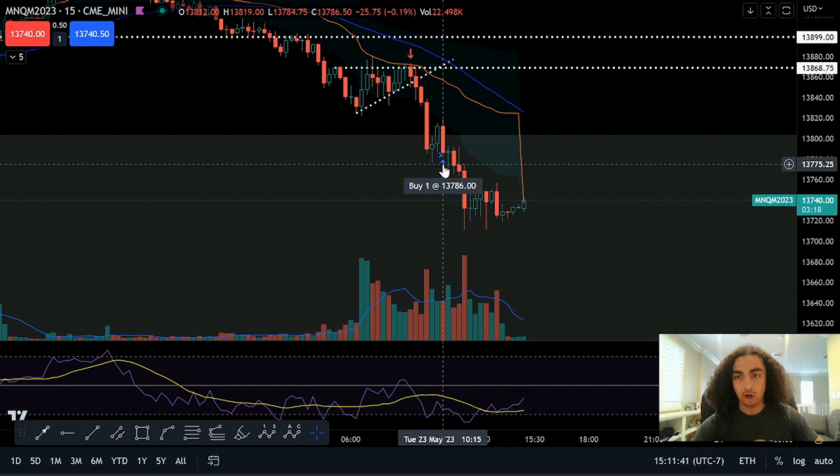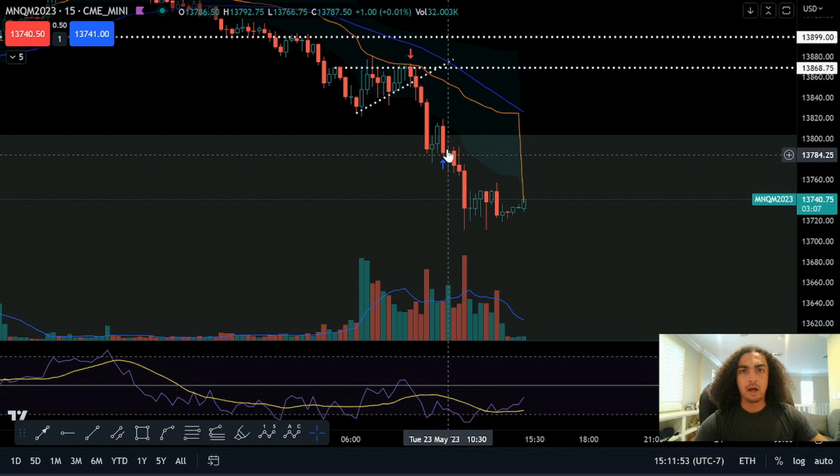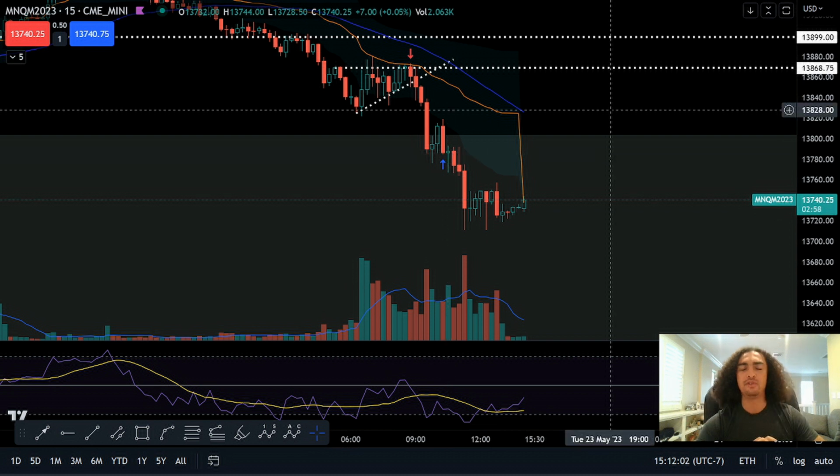I did profit $150 on this trade, and ultimately it did continue to move lower all the way down to, what is the low on this candle? 13,711. So 711, I got out at 786. Yeah, so ultimately I took about half of the total move here.